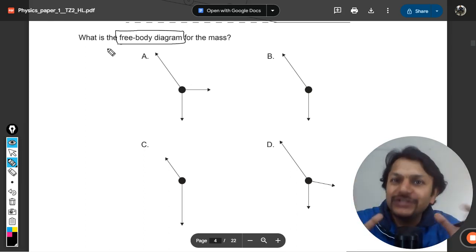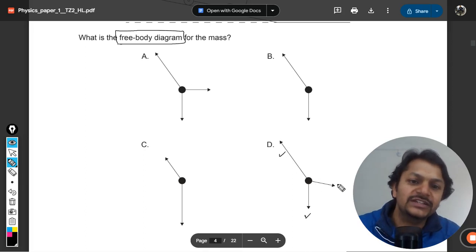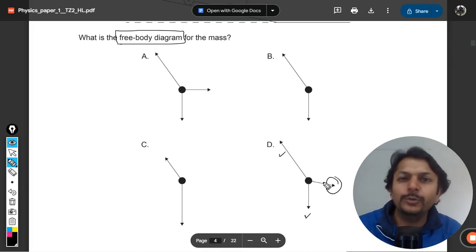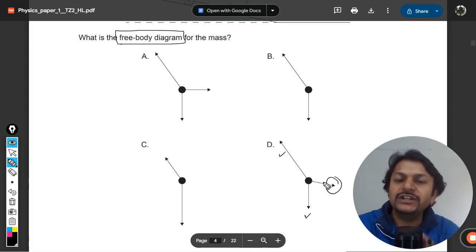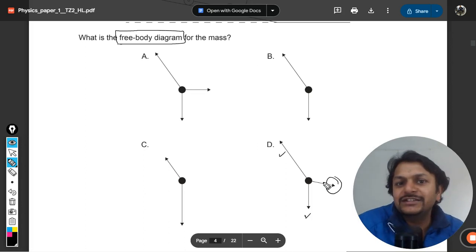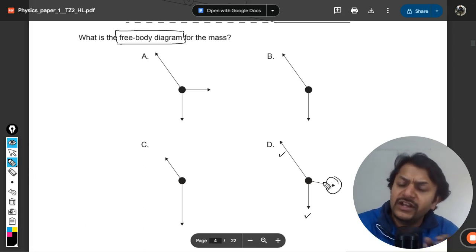So what are the forces which are acting? Definitely the weight is acting, and definitely the tension is there. These are the two real forces. The pseudo force is there, but we will not be showing it in the free body diagram. We would be using the concept of pseudo force if there are some numericals. If you want to find something, yes, you would be using it, and it will be really very helpful.